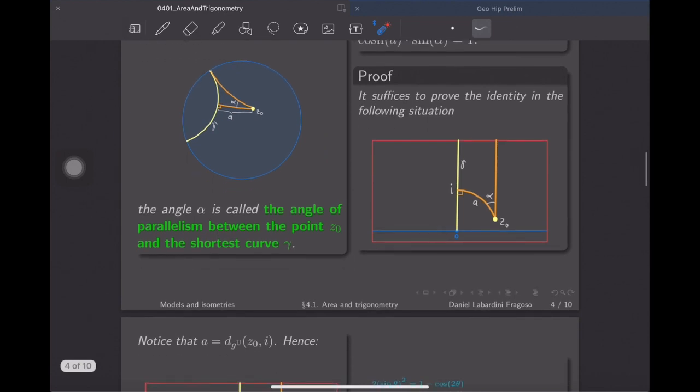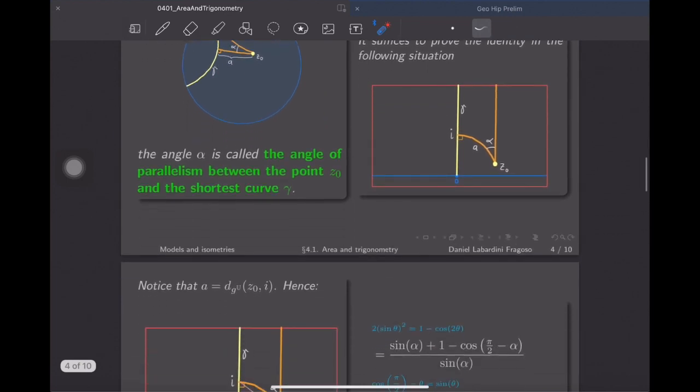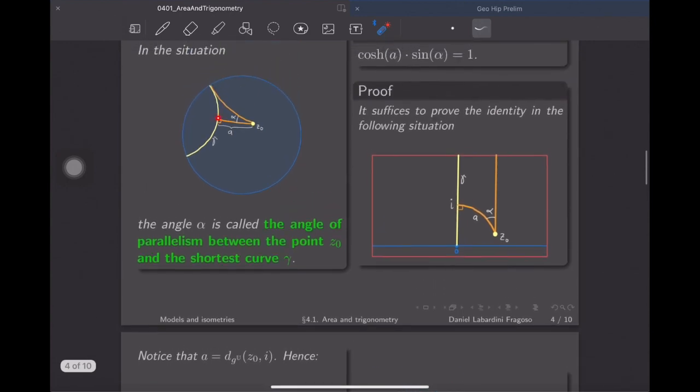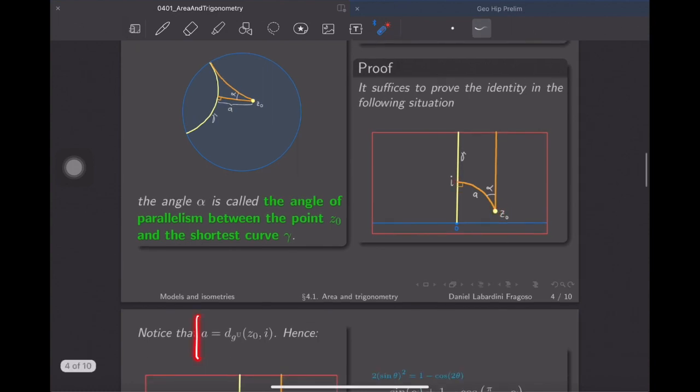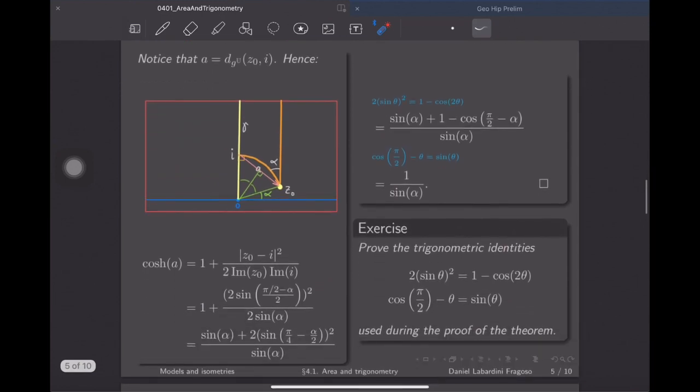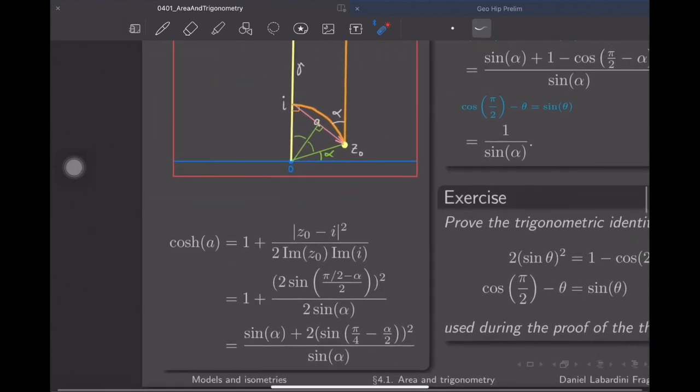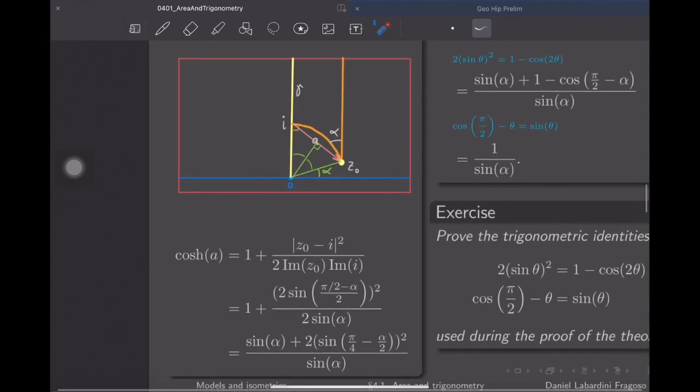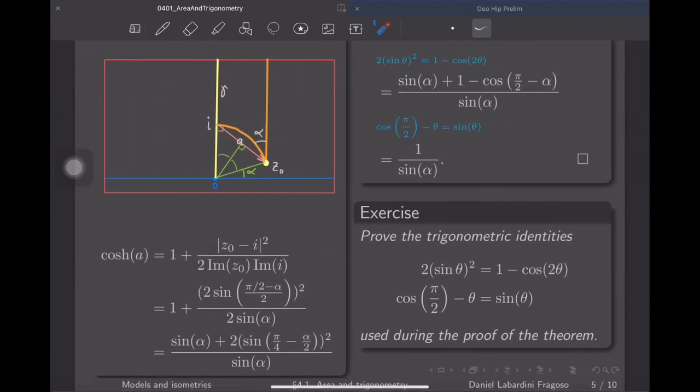Right, so the point is that since I'm sending this intersection point to i, this length simply becomes the distance from Z0 to i in the upper half plane.